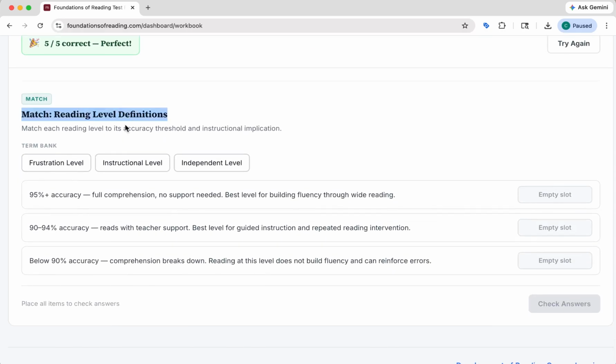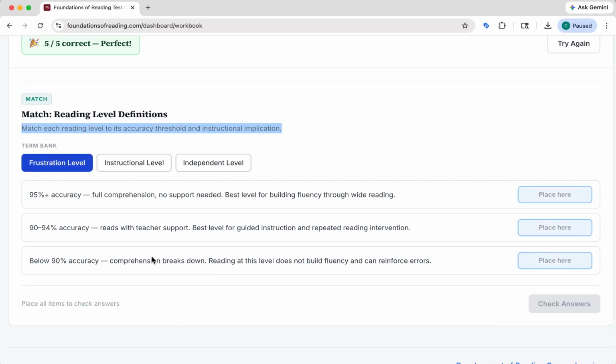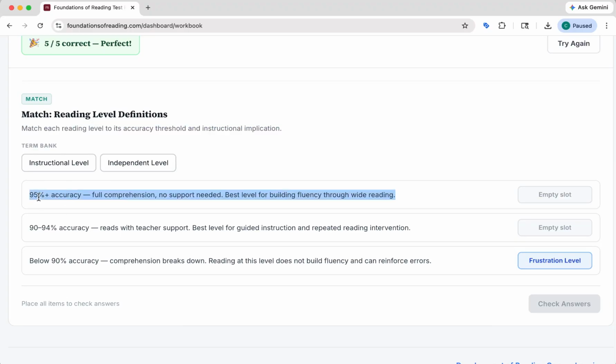Reading level definitions, match each reading level to its accuracy threshold and instructional implication. Okay, frustration reading level. It's probably going to be the easiest for me to knock out first. I'm going to put that right there. Instructional. So the question is, which is higher? Because we see right here, 95% or 95+% or 90 to 94%.